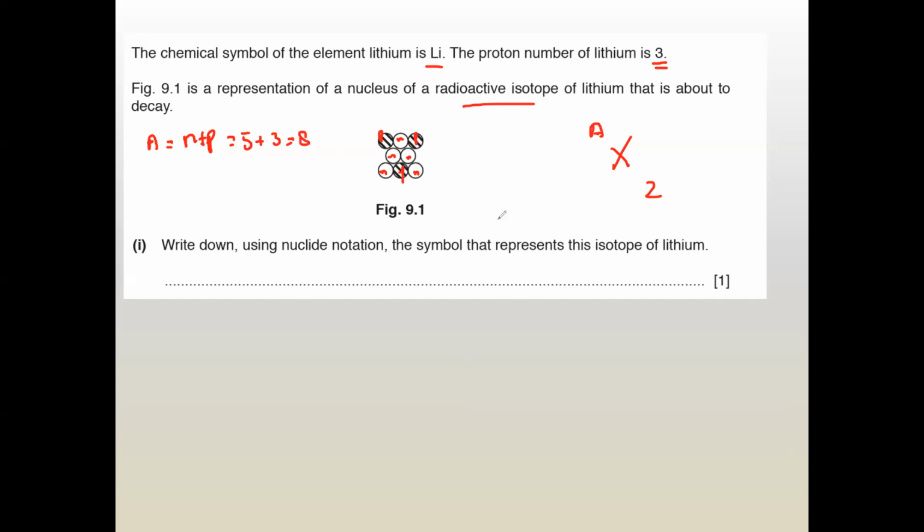So when we represent it in nuclide notation, X is the symbol of the nuclide. So Li, where A is equal to 8, the sum of neutrons and protons, and Z is equal to the number of protons, which, as they already mentioned, is 3. So the symbol will be 8Li3.